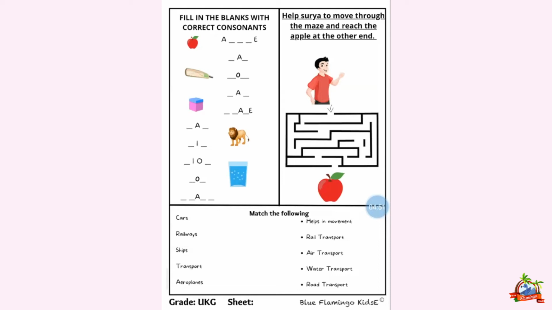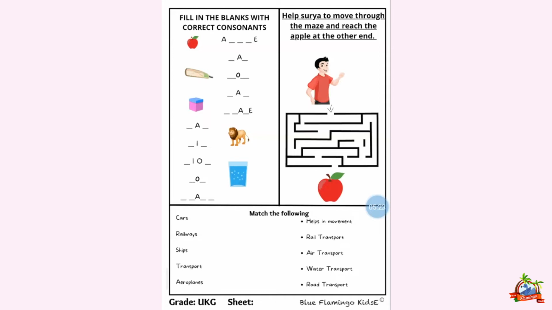V for van. W for watch. X for Xmas tree. Y for yacht. Z for zebra.